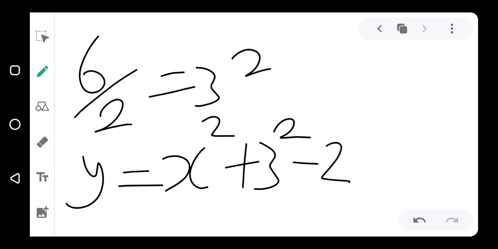Now we subtract the same 3 raised to power 2 on the same expression. So we have y equal to x raised to power 2.